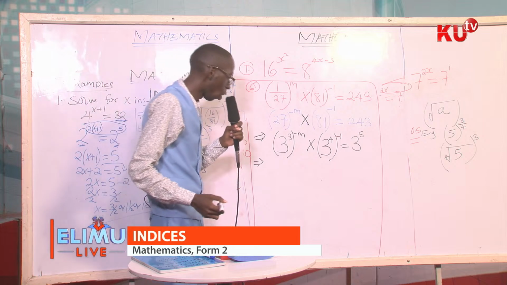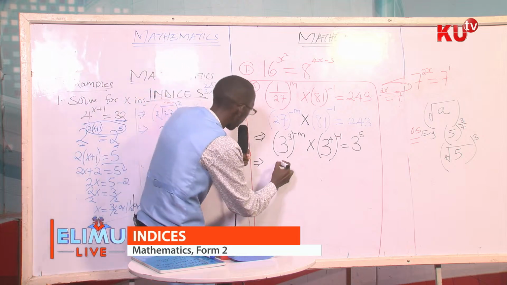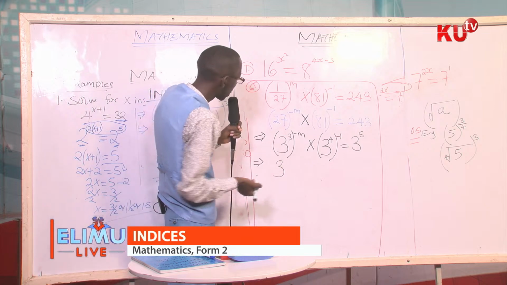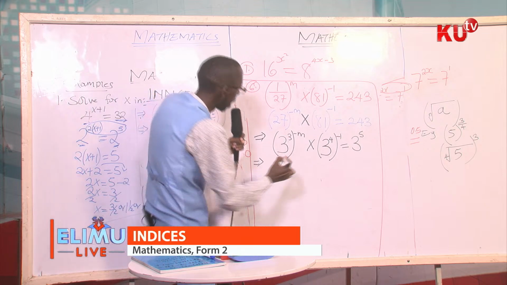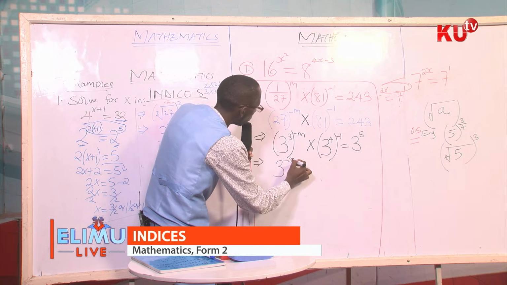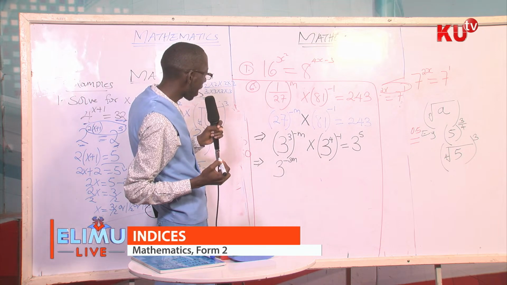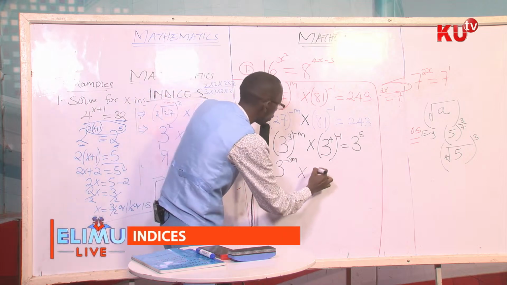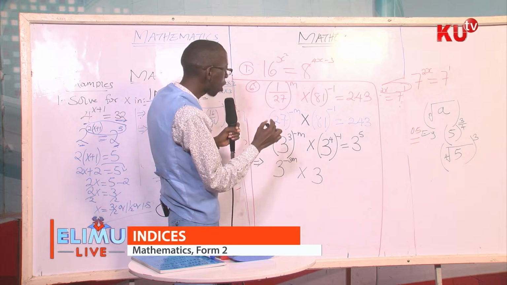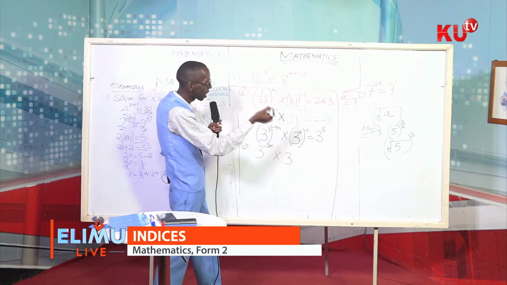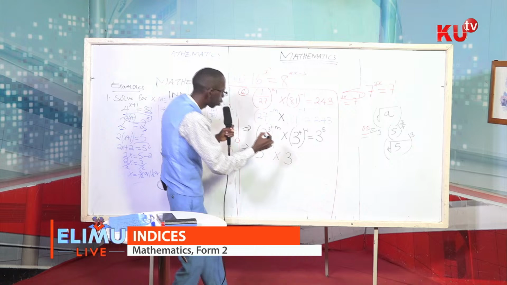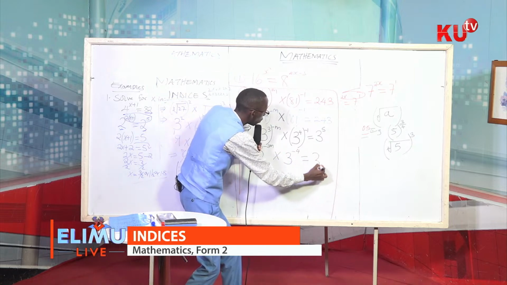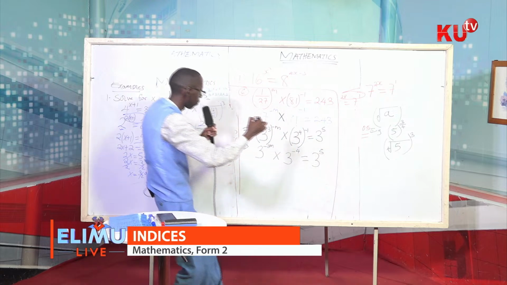Open the brackets. So we'll have 3 to power 3 times negative m, which is negative 3m. So 3 to power negative 3m, multiplied by 3 to power 4 to power negative 1, which is 3 to power negative 4, is equal to 3 to power 5.